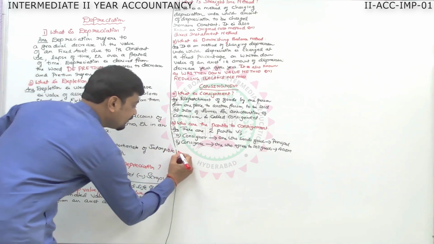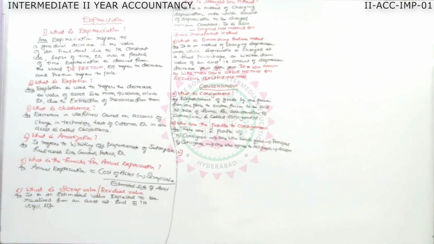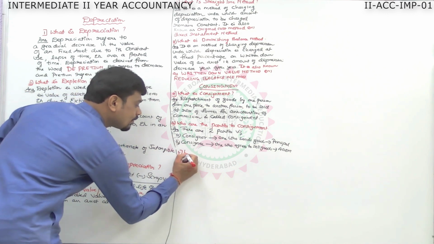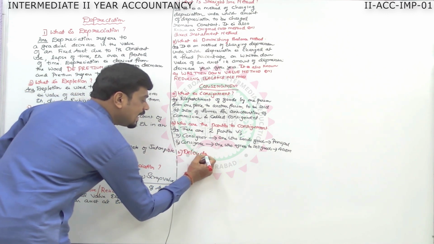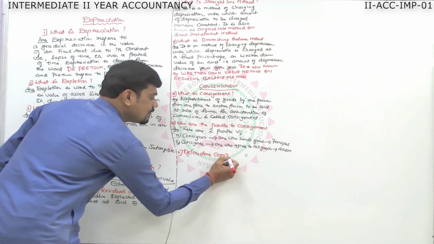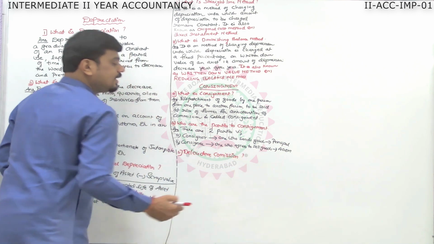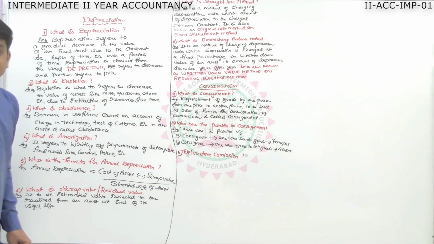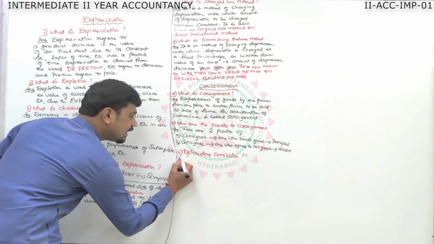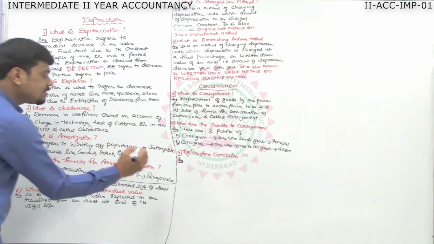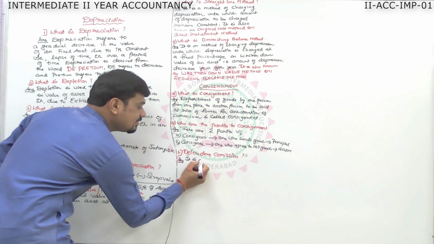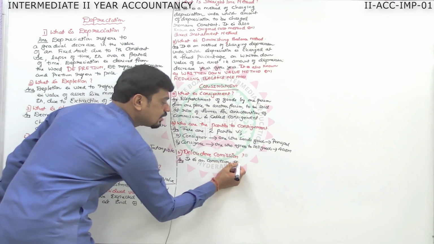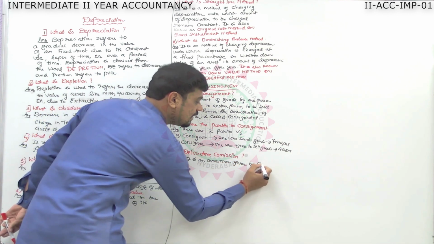Then what is the next question from this particular chapter? You can expect the examiner to ask you very frequently about del credere commission. Very frequently, dear students. So, how will the answer be for del credere commission? We'll say it is a commission given by, who is giving?